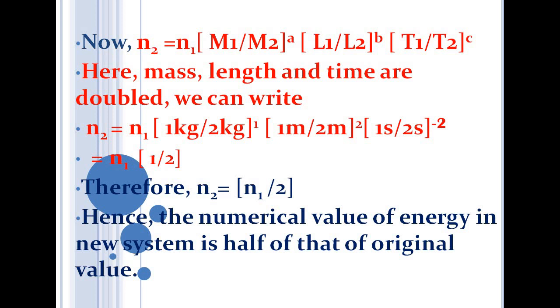So the numerical value will be half of the original value. In this way we can simply find the variation in the numerical value of a given physical quantity from one system of unit to another system of unit.